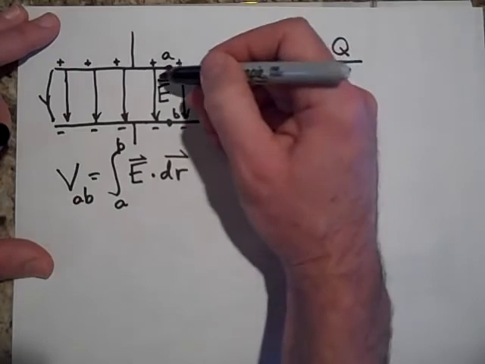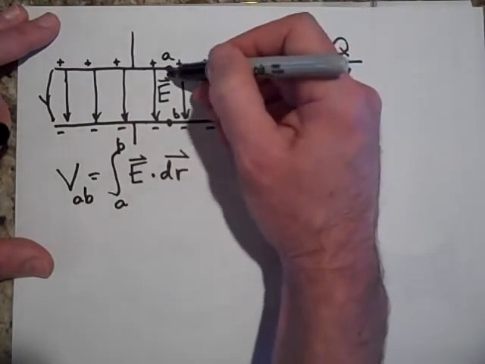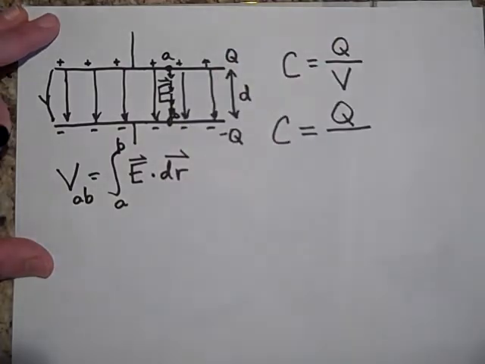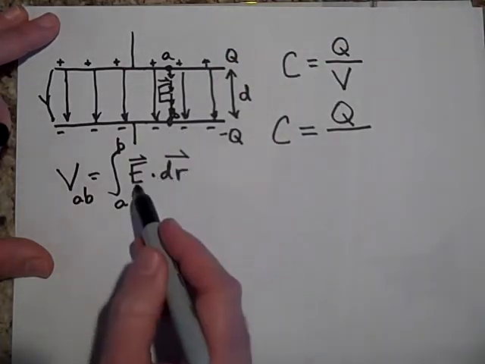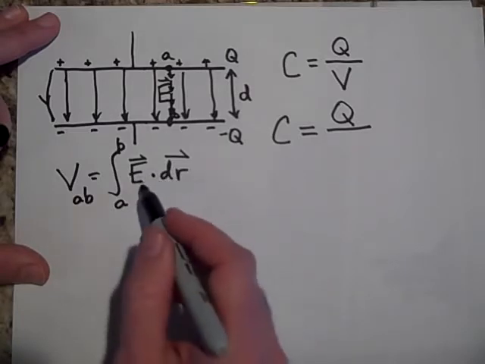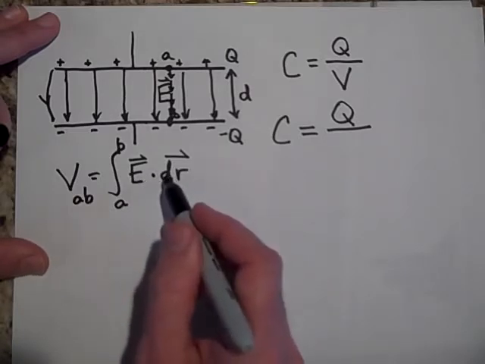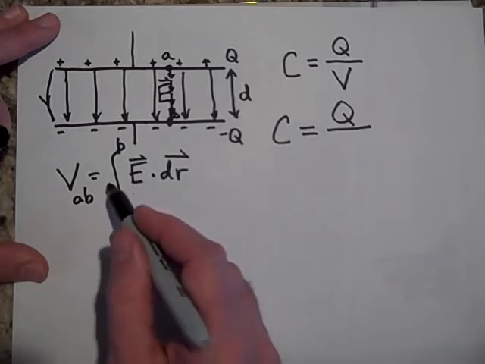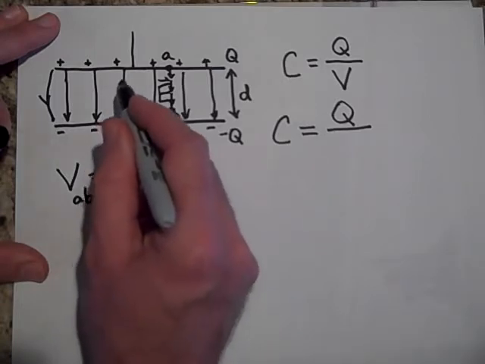Okay, here are your drs. You're going from A to B, so there are your little drs, those little paths. And notice they're all in the same direction as E, so you can get rid of the dot product. You can pull the E out of the integral because it's the same at every location.